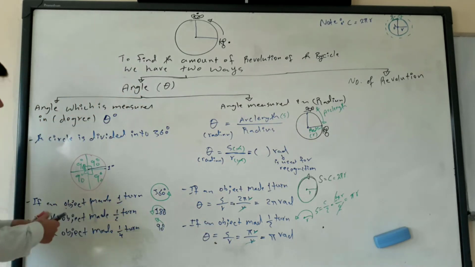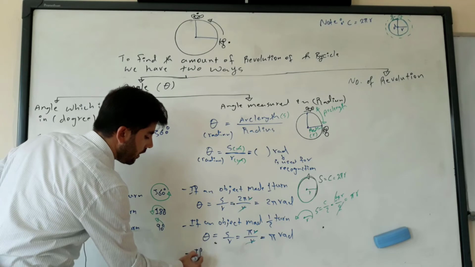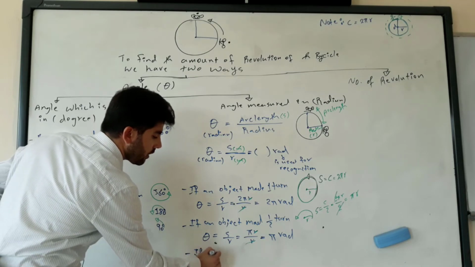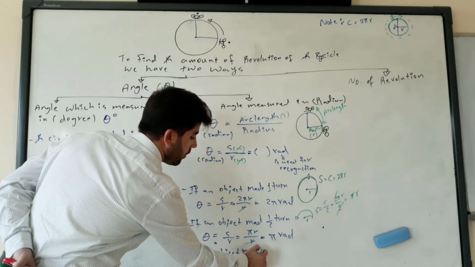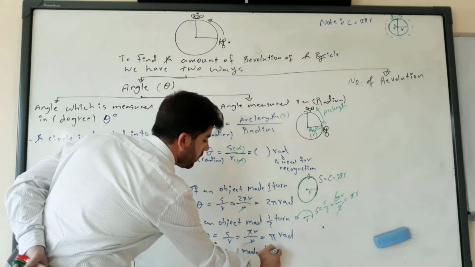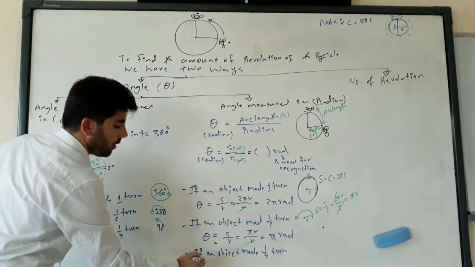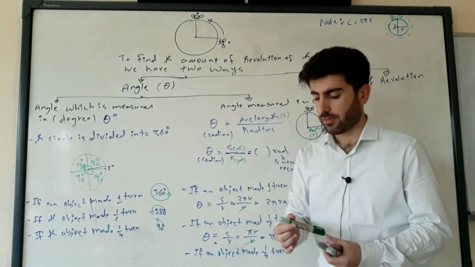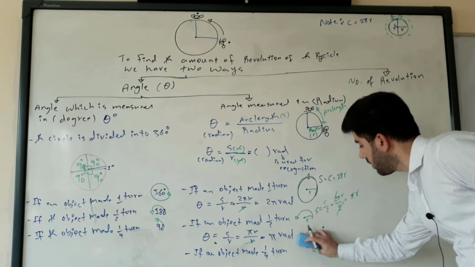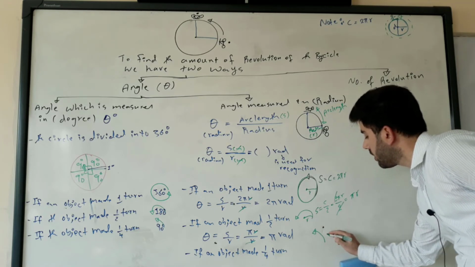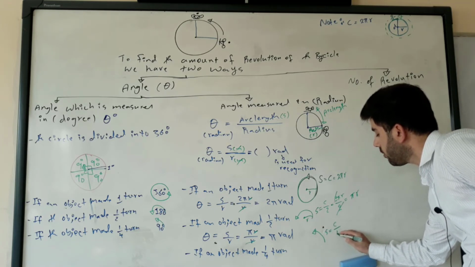If it traveled 90 degrees, or if an object made 1 over 4 turn, so in this case, S is equal to C over 4.